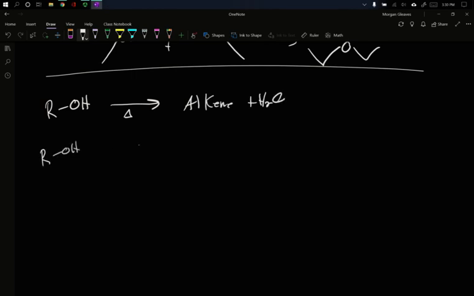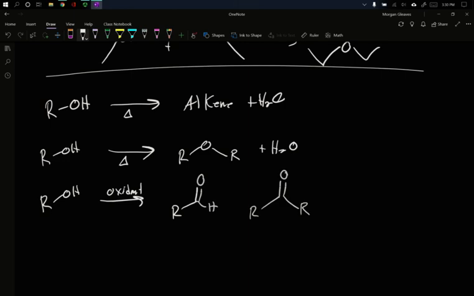Your alcohol plus heat can also become ethers plus water. Your alcohol plus oxidant can become aldehydes or ketones, depending on what your starting molecule is. And these are three of the general tools we have for alcohols: form alkenes, form ethers, form aldehydes or ketones.